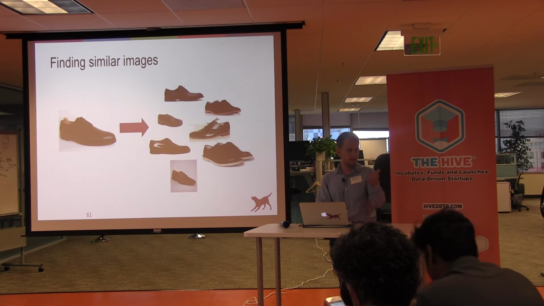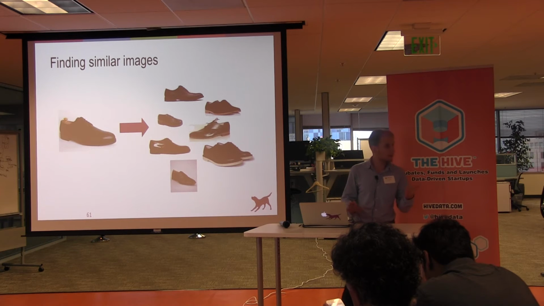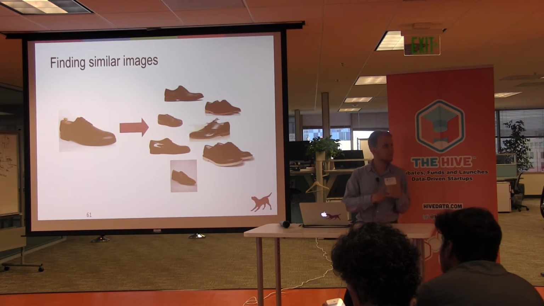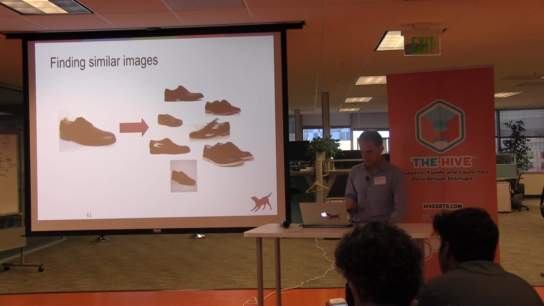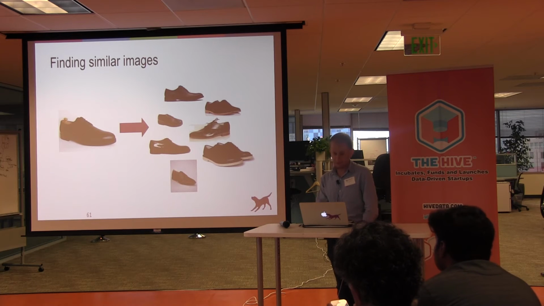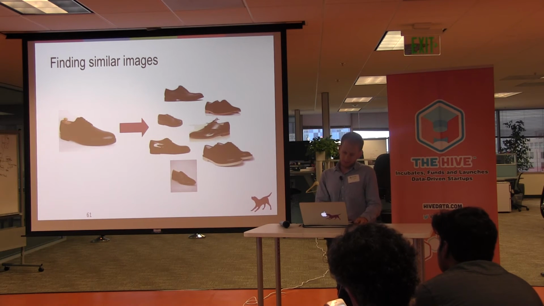If you have a vector that represents one image, what happens if you just search for the nearest neighbors of that vector? What do you find? I'm going to give you guys a fun demo where, using exactly these features, we retrieved similar shoes.